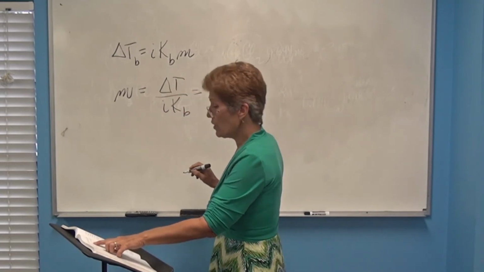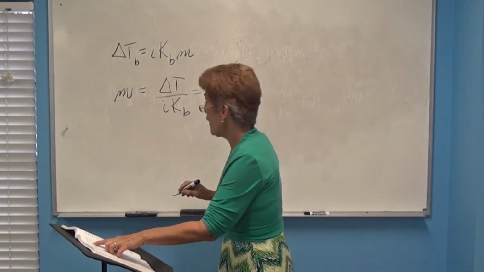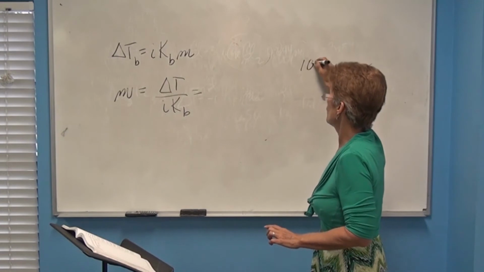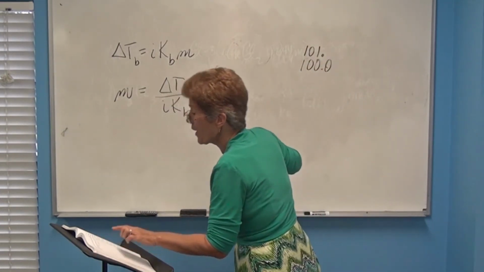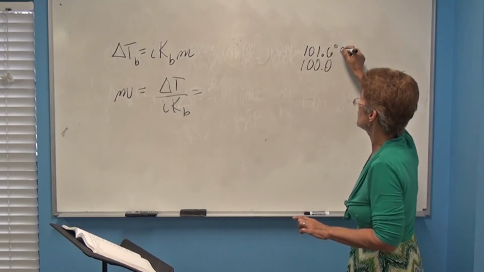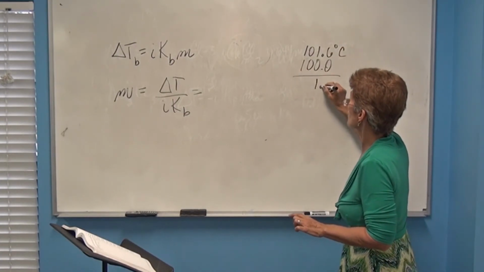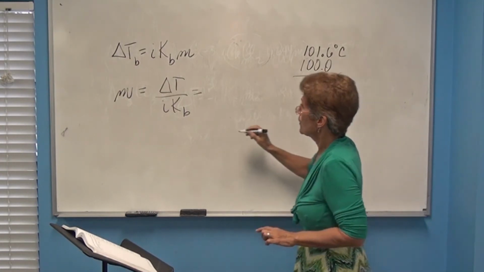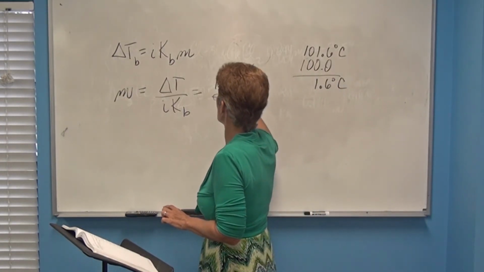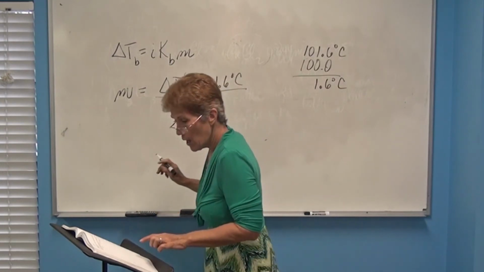We know that the change in temperature, because this is in water, and water boils at 100 degrees, and this tells us that this boils at 101.6 degrees Celsius, so the change in temperature here is 1.6. So I can put in here 1.6 degrees Celsius.